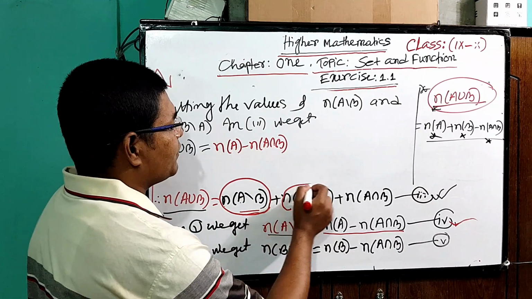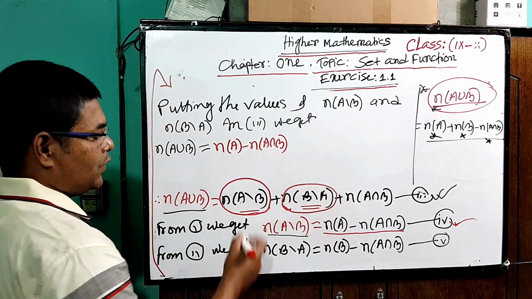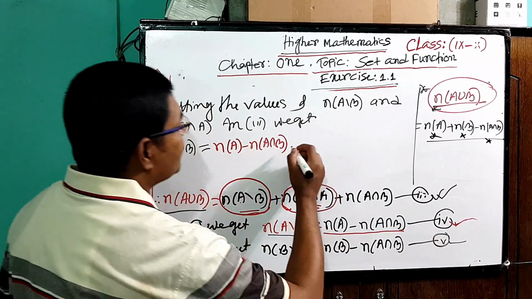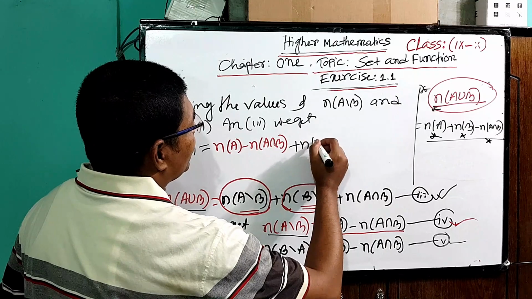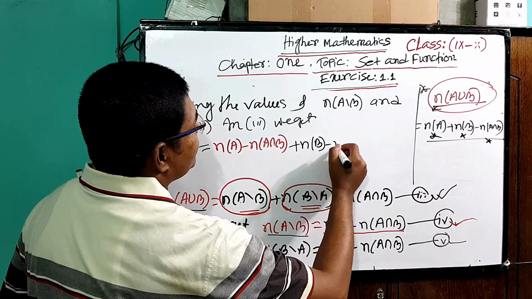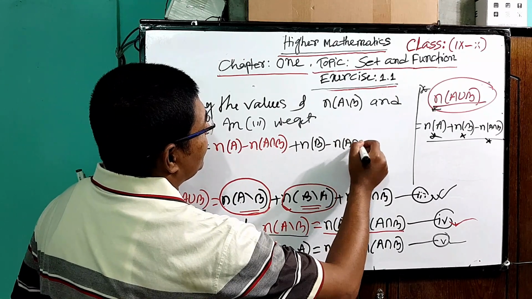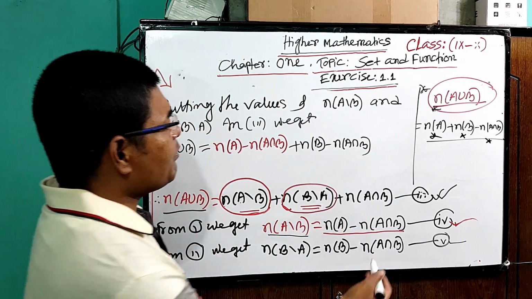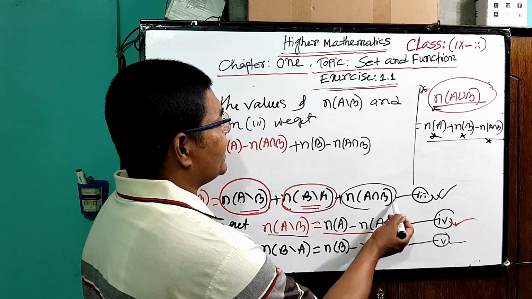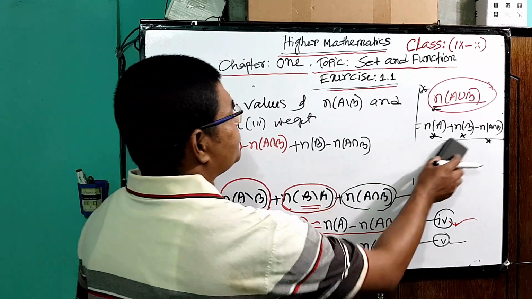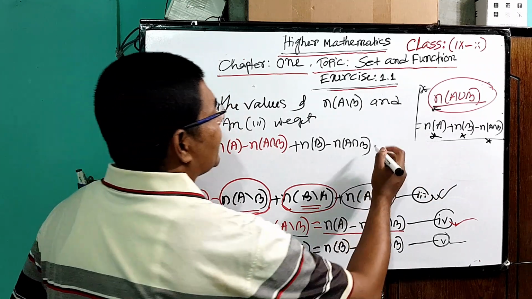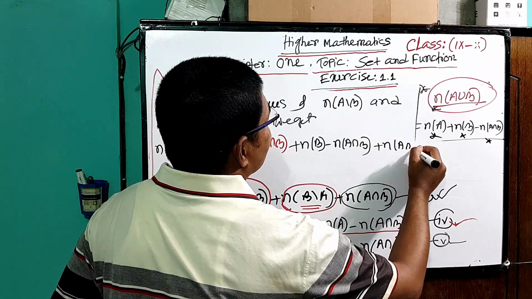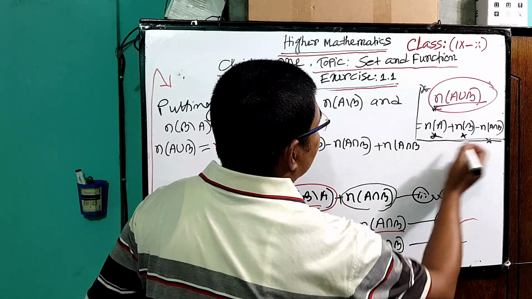Now you have to put the values of this. We will get from 5 n of B difference of n of A intersection of B, and the remaining part is this. So write down the remaining part, n of A intersection of B, the intersection part.